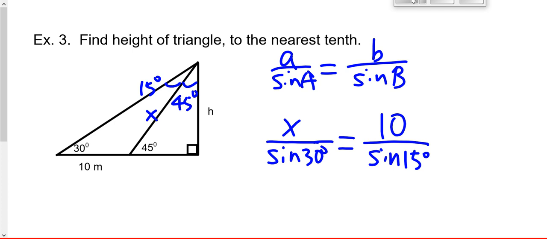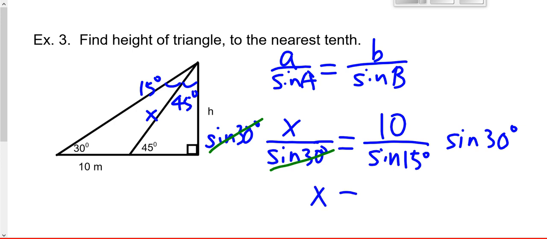Alright, some simple manipulation. Multiply both sides by sine 30 degrees. On the top and on the bottom, they cancel out. Now just plug these numbers into your calculator and find their value.